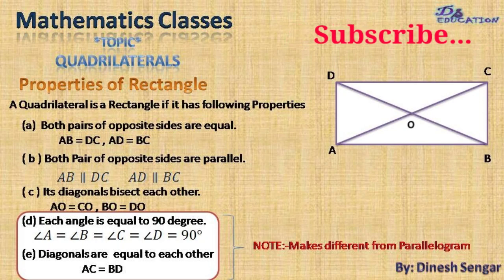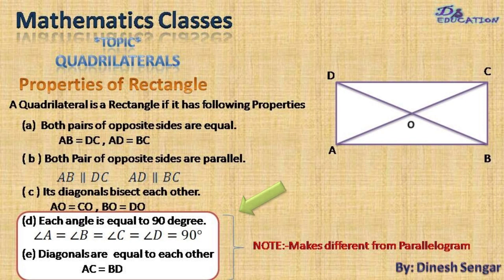Its diagonals bisect each other. That is, AO is equal to CO and BO is equal to DO. So these are the 3 points which are similar to a parallelogram, but the other 2 points make the rectangle totally different from a parallelogram. So you have to go through these 2 points very seriously, because they will tell you the difference between a parallelogram and a rectangle.